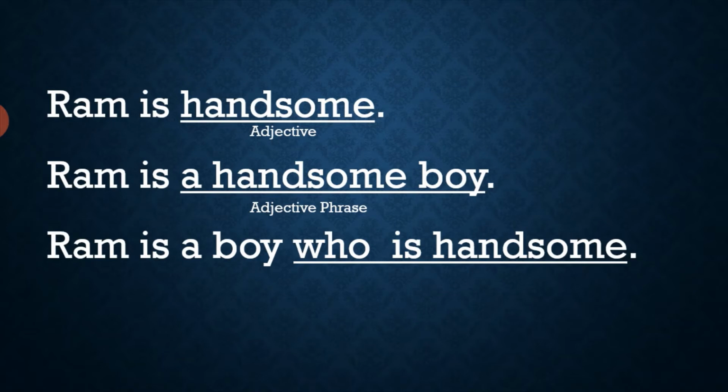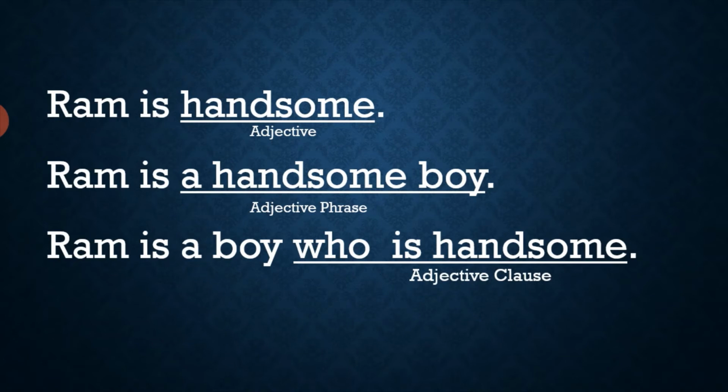If you look at the third sentence, you will come to know, here who functions as the subject of the sentence, and is functions as the verb of the sentence. So here, who is handsome, subject and verb are there. Therefore, this group we call an adjective clause.